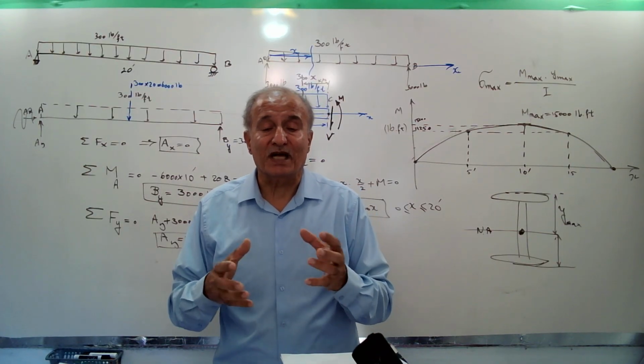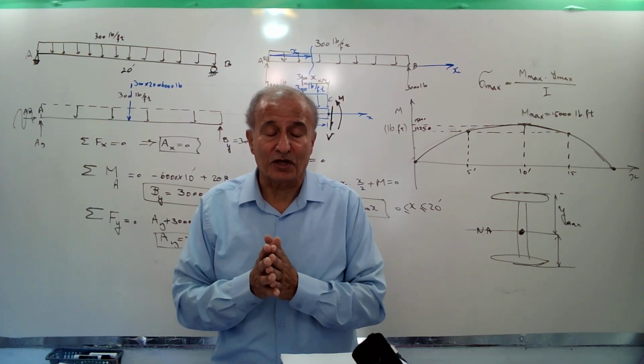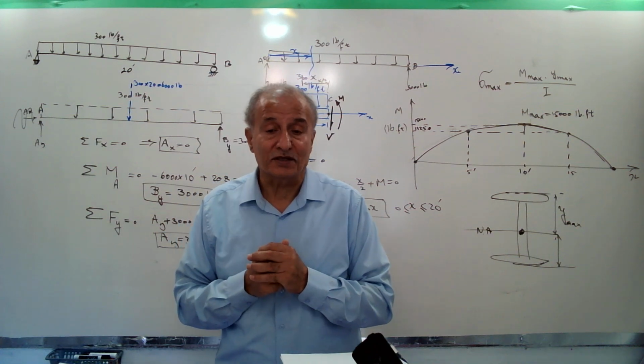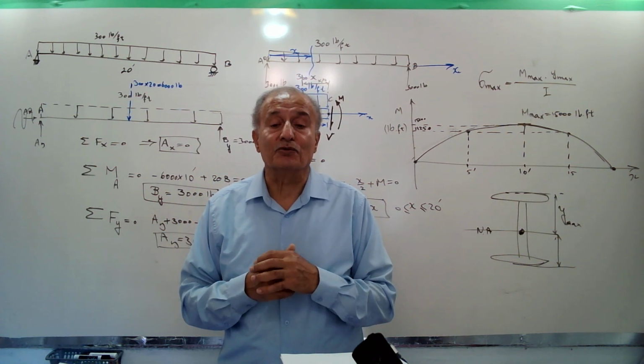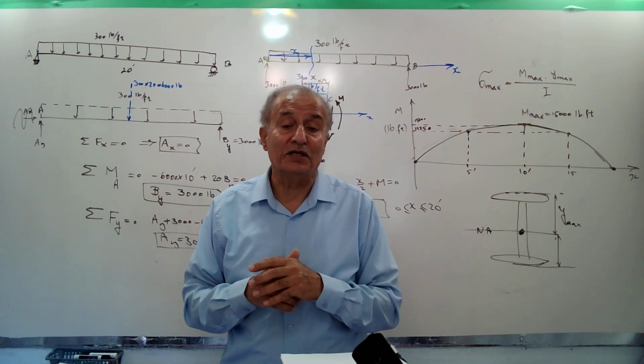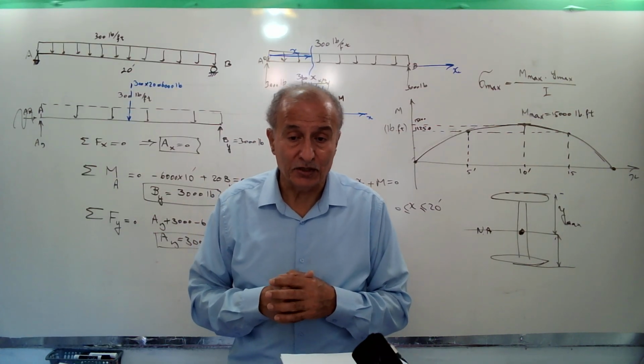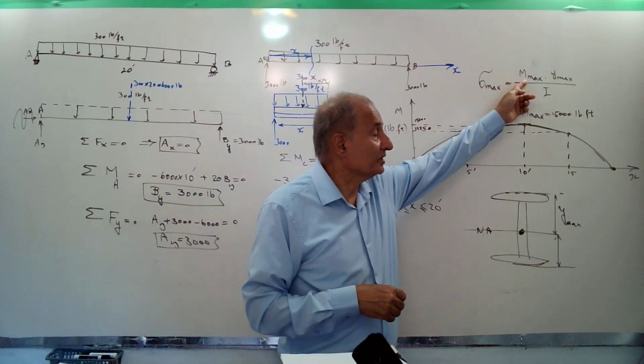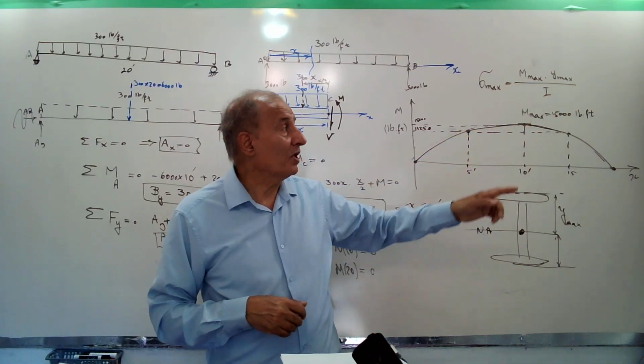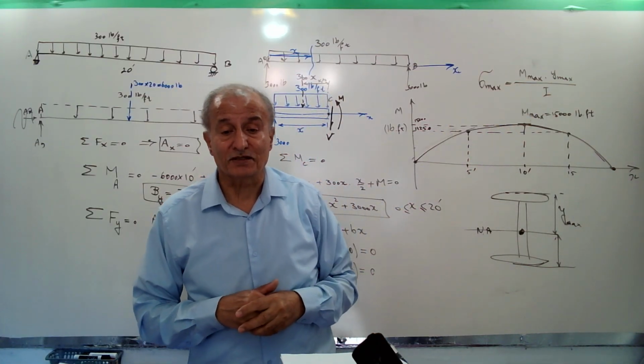Then you will see that the moment diagram is a little complicated. We have to draw it to find out the maximum internal bending moment that happens inside the beam, in order to substitute in this formula to find the maximum bending stress in the beam.